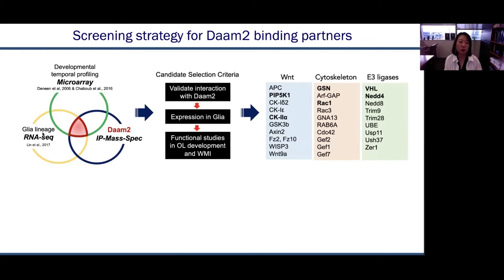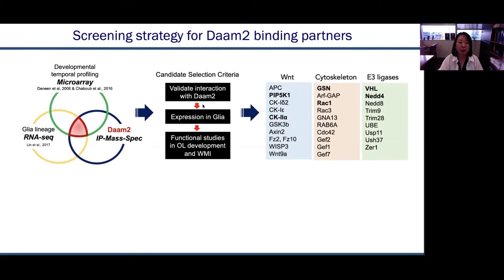And then we also compare with the TEM2 IP mass spec. Basically, we want to identify TEM2 interacting molecules that are hopefully expressed in the oligodendrocyte lineage at the right development timing and associated with TEM2 by IP mass spec. So this is how we narrow down the candidates.